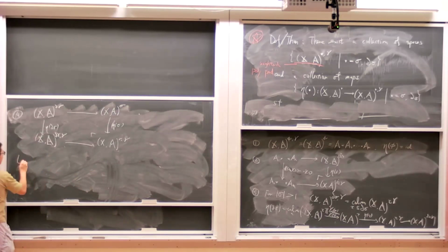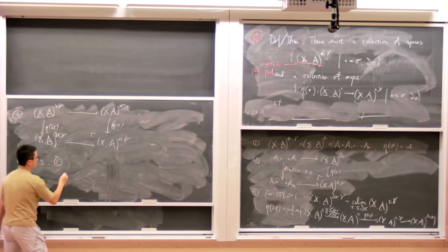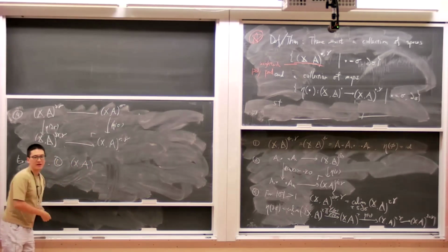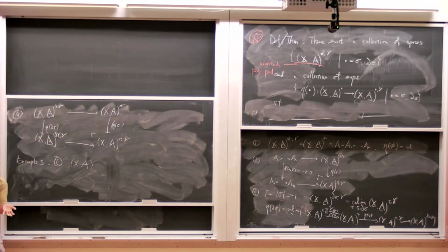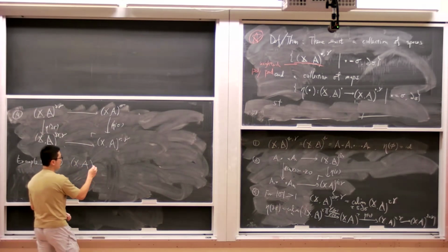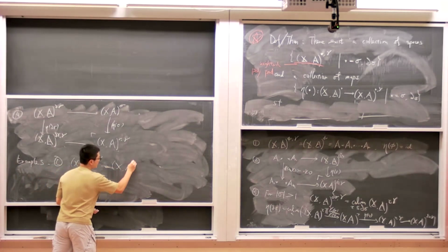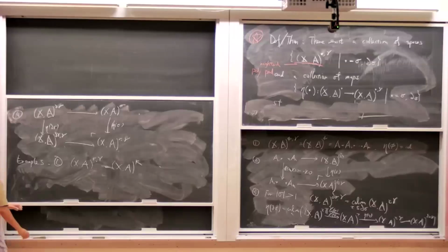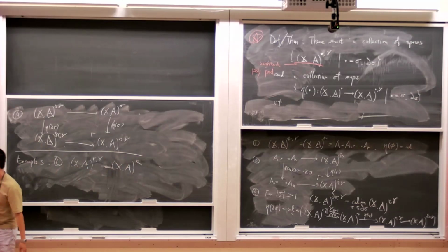Okay, examples. First, suppose that X and A are just any pair of spaces equipped with the trivial power maps. After that, you go back to step 2, and you define the weighted polyhedral product to be the colimit of the weighted polyhedral products of sigma.